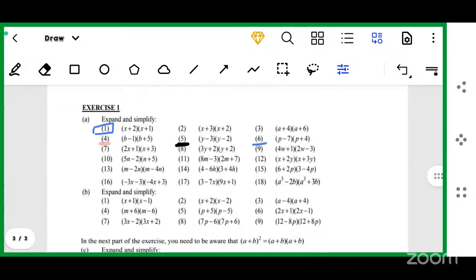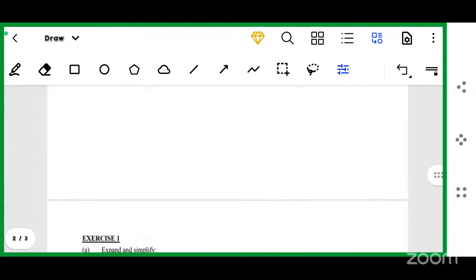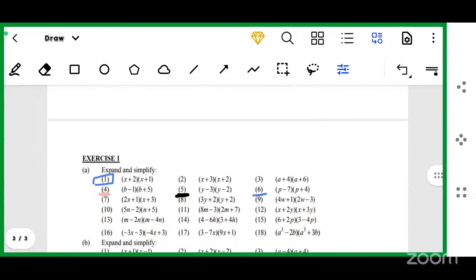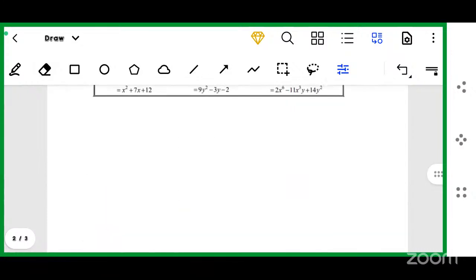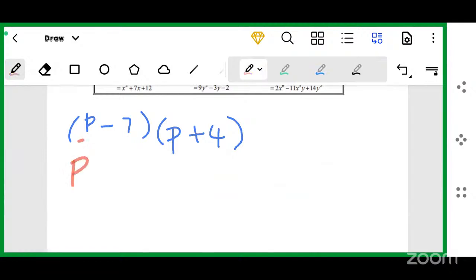Which one are we dealing with? So it's p minus 7 on the first bracket and p plus 4. Okay, what do we do first? We write our first p, we open bracket, we include this one. So it's p plus 4 plus bracket.